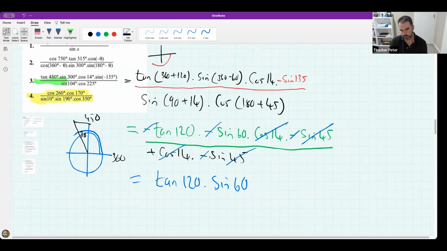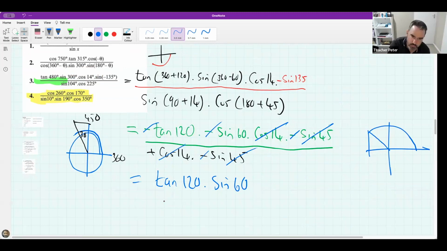I think it's the fact that the 120 is too big and it needs to be made smaller. The way I would make it smaller is by saying 120 itself is in quadrant 2, which means it can form a triangle which has a 60 in it. And so it's in quadrant 2, so this would be negative tan 60, and this would stay sine of 60.